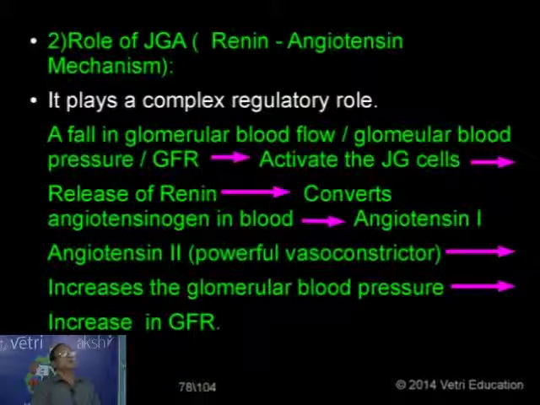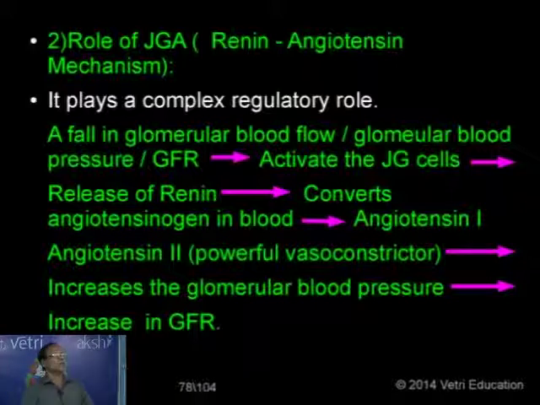Now, we'll take the renin-angiotensin mechanism. The JGA contains juxtaglomerular cells found in the afferent arteriole, not muscles. These cells secrete a hormone named renin. Renin regulates angiotensin, another substance circulating in the blood. That's why it's called the renin-angiotensin mechanism.